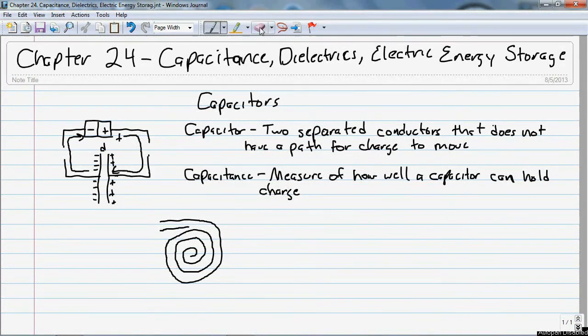Actually, let me put this in a different color just to make it easier to see. Let's make that red. So you have another conductor that gets sandwiched in between but not touching. See if I can do that with my pen here.